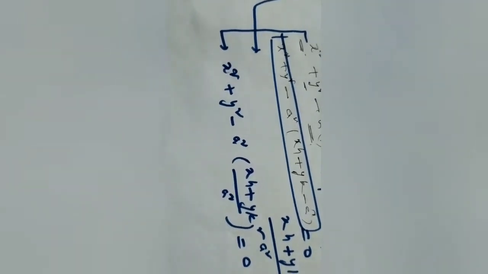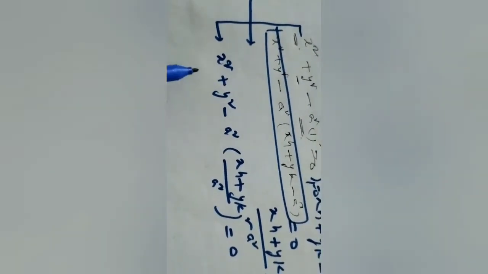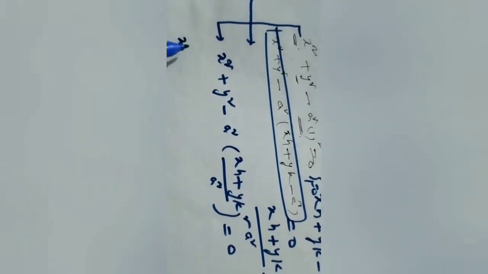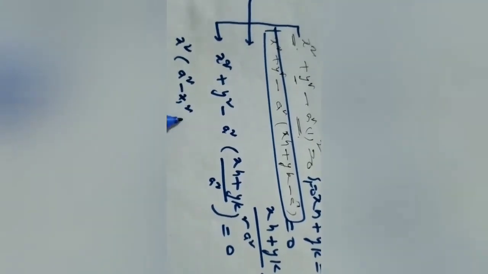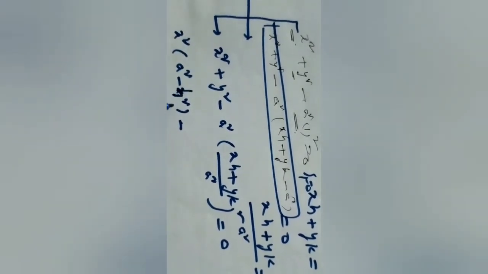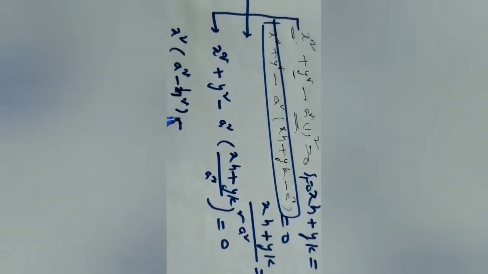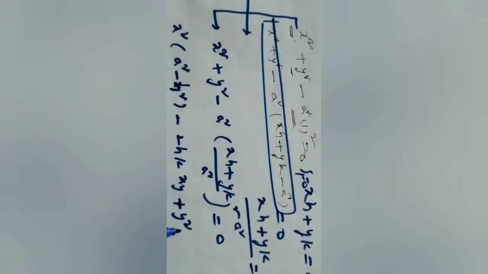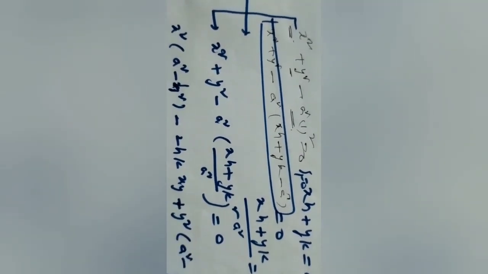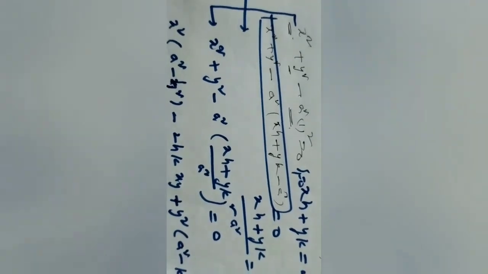By simplifying this, you will get the combined equation: x square of a square minus h square, minus 2hk xy, plus y square of a square minus k square is equal to 0.